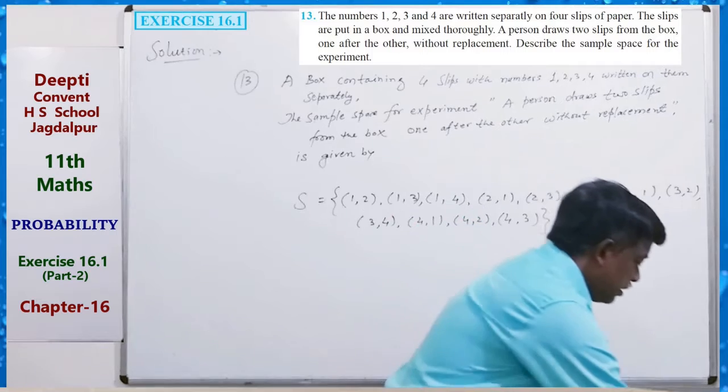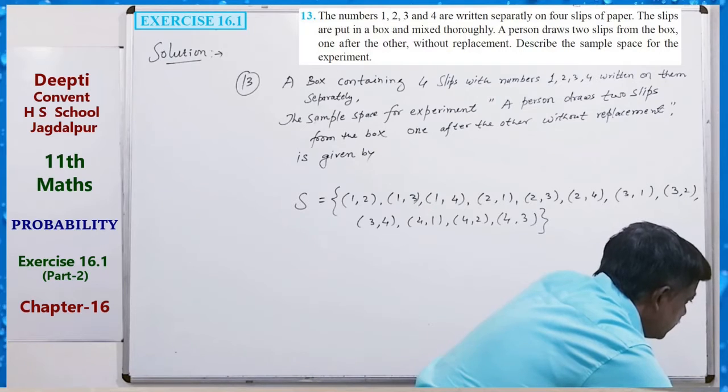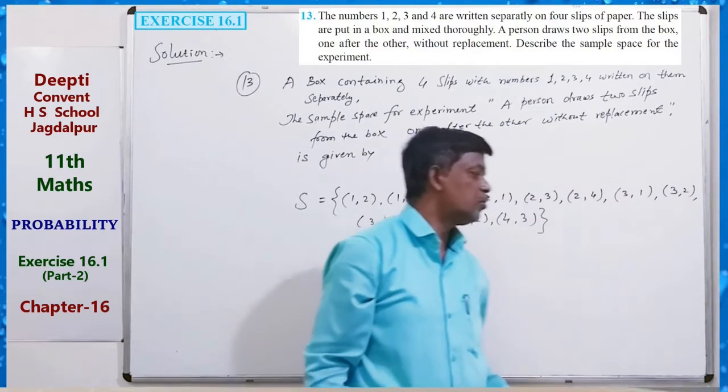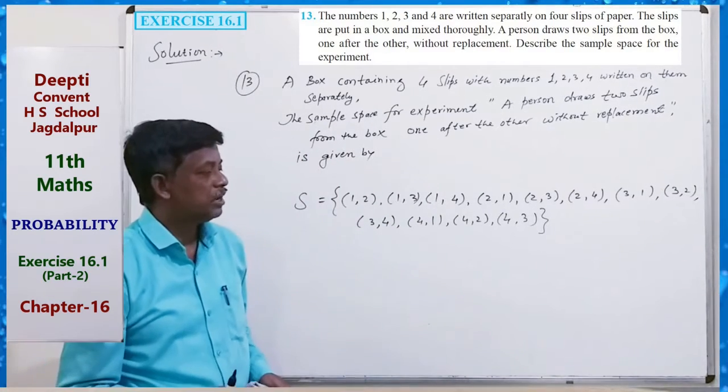Now take question 14. An experiment consists of rolling a die and then tossing a coin if the number on the die is even.